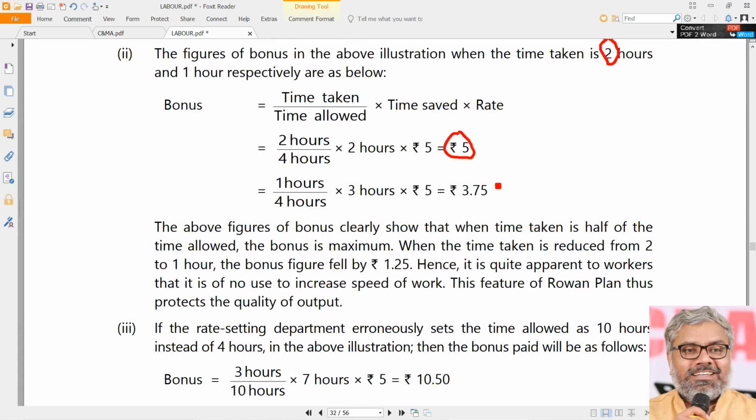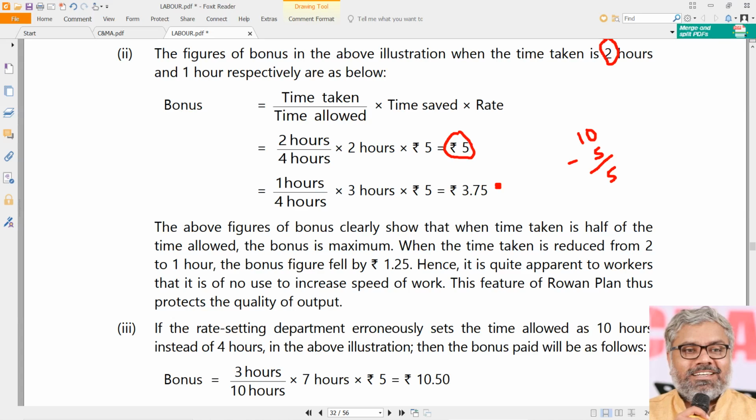That time saved here is, sorry, not the entire amount, because he has saved 2 hours, 10 rupees is the total time value of that, the monetary value of that time we can say, and in that 5 rupees is only going to the worker, which means for the company there is still 5 rupees that remained as a benefit.